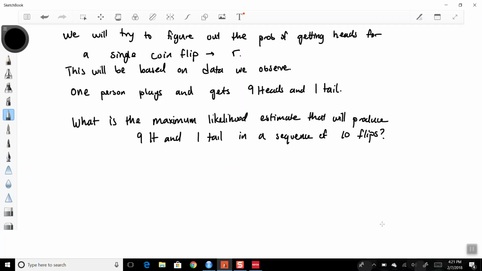Okay. And so what we are dealing with here is we want to maximize the likelihood function. Okay? And so this is still not Bayesian. This is just maximum likelihood estimation.